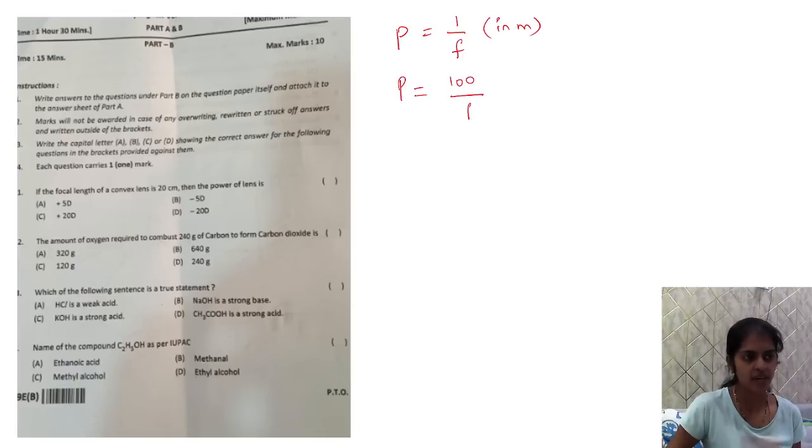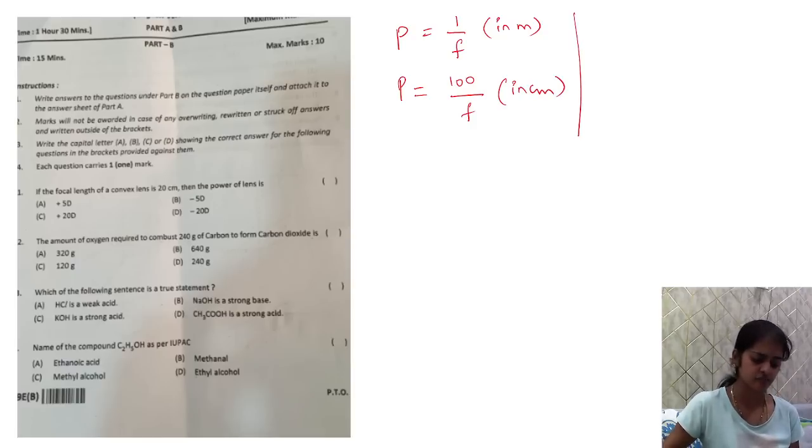Here I'll read out the question. The paper is not so clear. If the focal length of a convex lens is 20 centimeter, then the power of the lens is? The formula is 1 by f if f is in meter, and the formula is 100 by f if it is in centimeter.